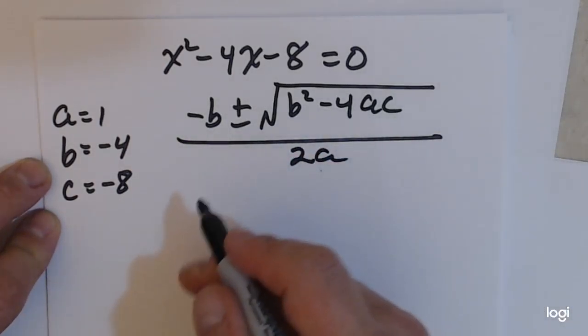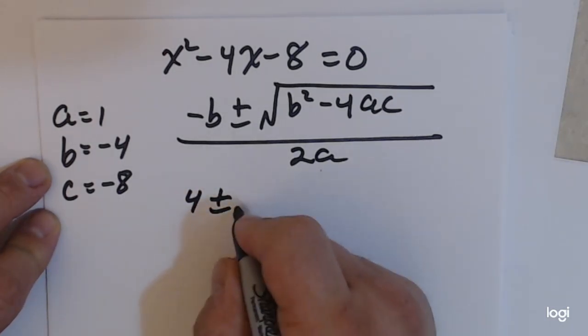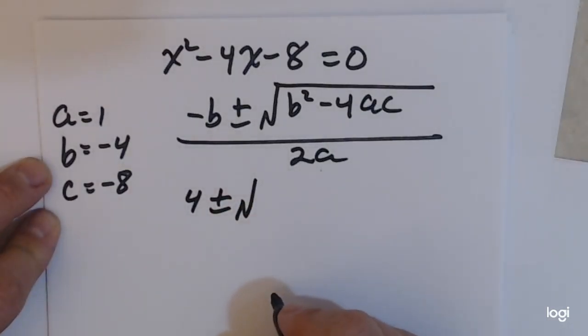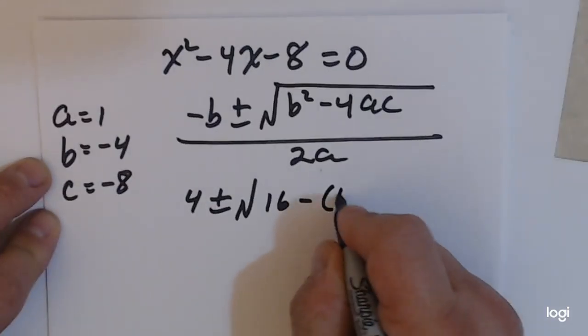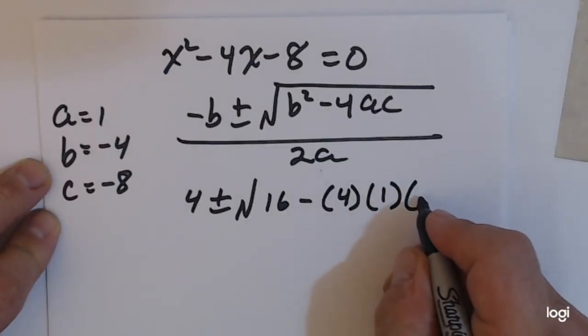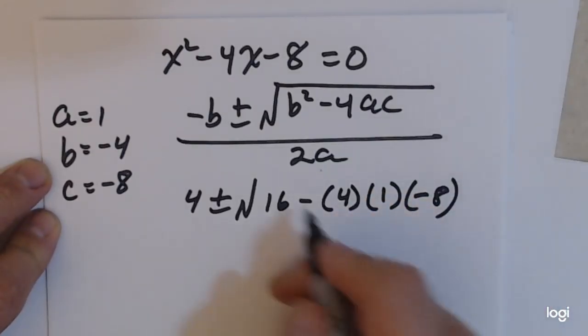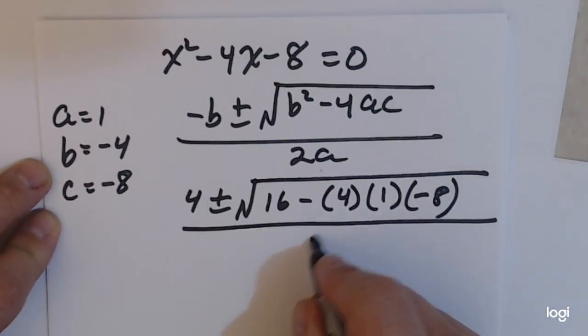So -b would be -4, which would be 4, plus or minus the square root of, well, -4 squared is 16, minus 4 times 1 times -8, all over 2 times 1.